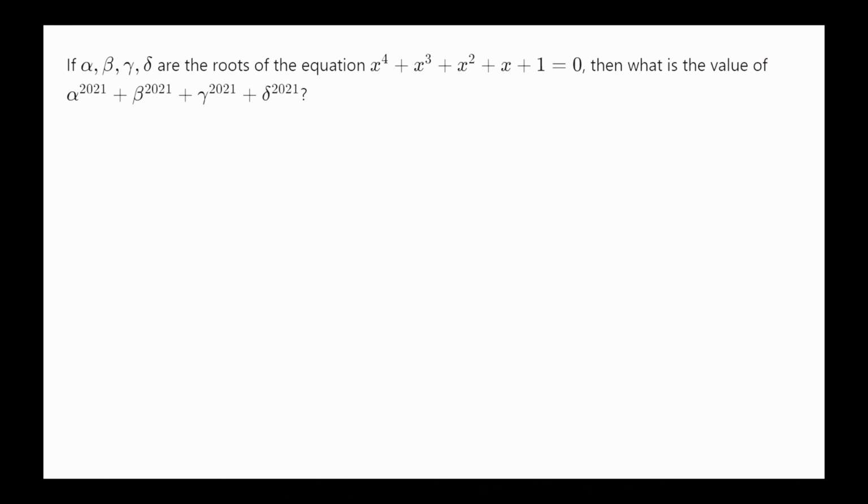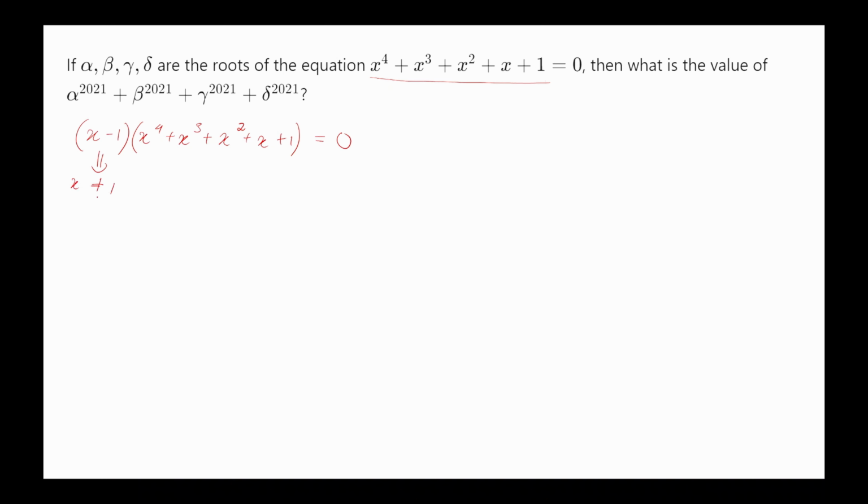Now let's look at this question to clear our concepts more. If alpha, beta, gamma, delta are the roots of the equation given, then what is the value of the expression? So basically, if you look at this equation carefully, what have they given us? They've told us that we have our equation as x to the power 4, x to the power 3, x to the power 2, x to the power 1 and x to the power 0. This means that this equation had been, I guess, in this format: x minus 1 times this, and this would have been the equation where x is not equal to 1.